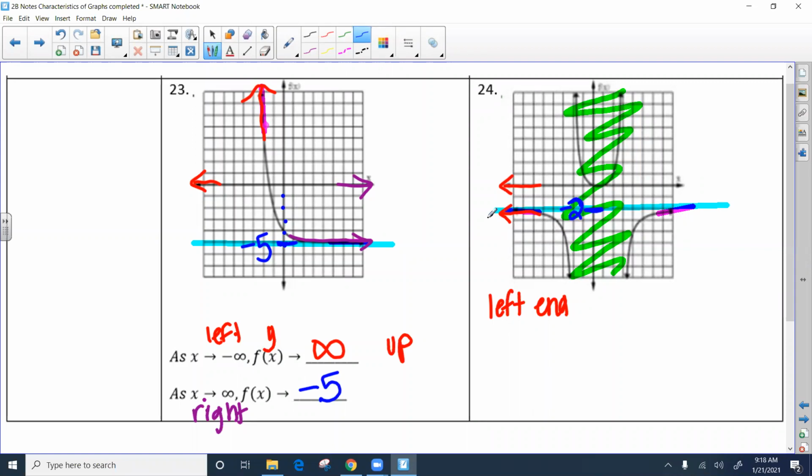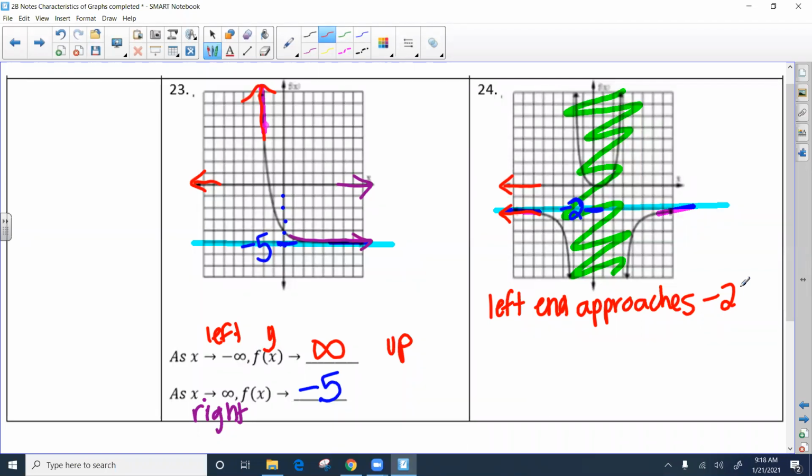So the left end gets closer and closer to -2. The way I would say that, I can say left end approaches -2. If I could spell approaches. Okay, left end approaches -2.